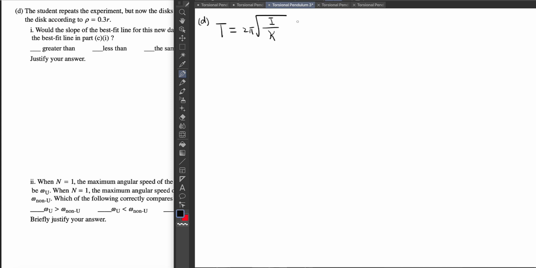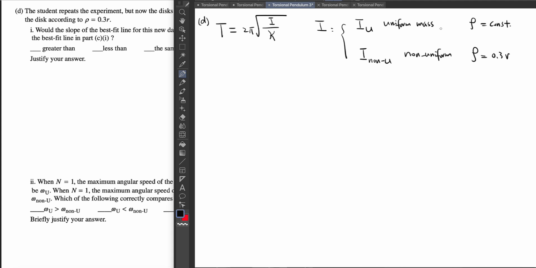Now this I here could have two different situations. The first one is uniform, let's call it I_U, uniform mass distribution. And the other is non-uniform mass distribution. That refers to the case rho equals 0.3 r in this question, and previously rho is a constant, it doesn't depend on r.